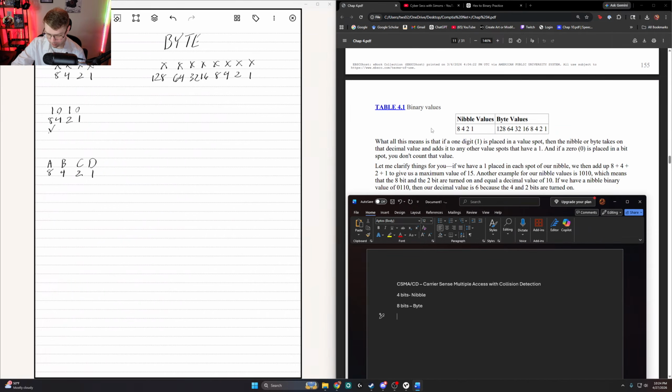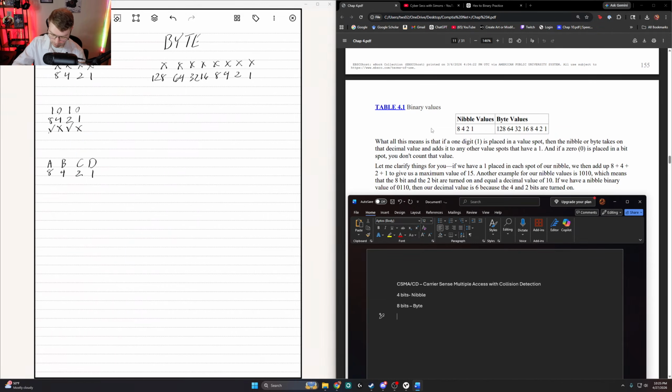The value of 4 is turned off. The value of 2 is turned on. The value of 1 is turned off. So we drop down the 8, then we add the value of 2 because the values of 8 are turned on and the values of 2 are turned on. So 8 plus 2 would equal 10, and that's all we're doing.